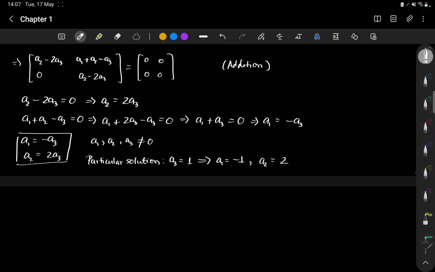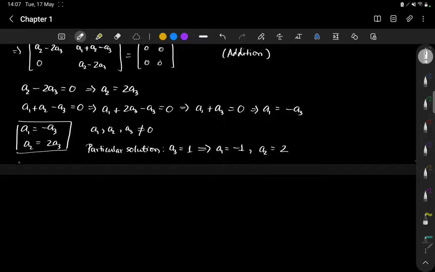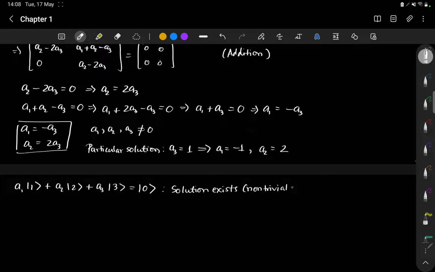So what does this mean? This means that the solution to the equation that we started off with, the linear combination of the vectors, does exist. Or a non-trivial solution rather, I should say, a non-trivial solution exists.